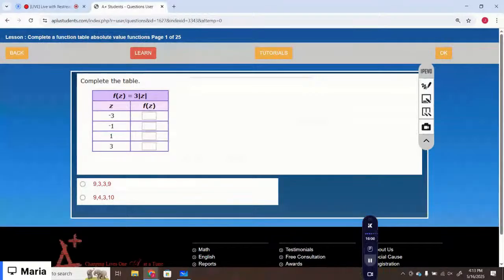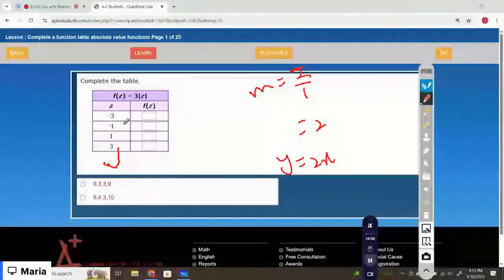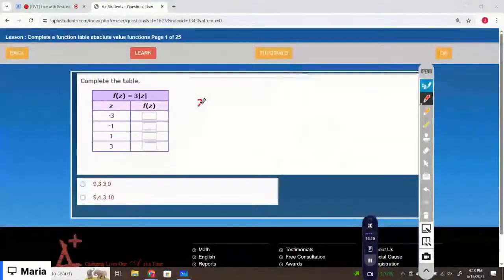F of z equals 3 times the absolute value of z. Absolute value means all the values that are positive. So 3 and absolute value of negative 3 equals positive 3, 3 times 3 is 9. So here you have 9.